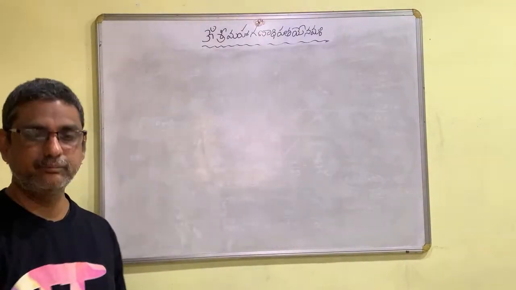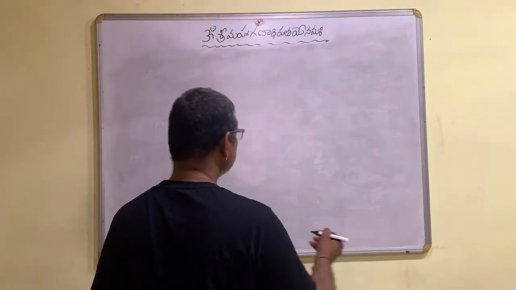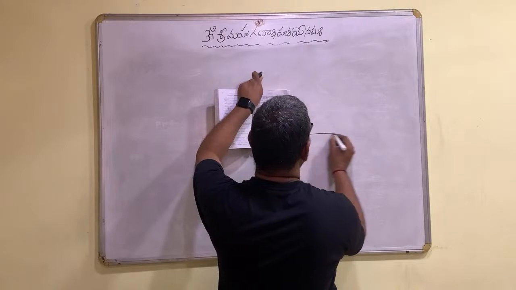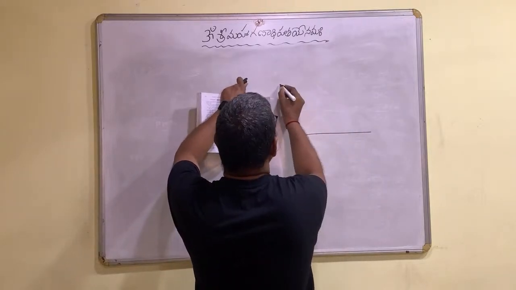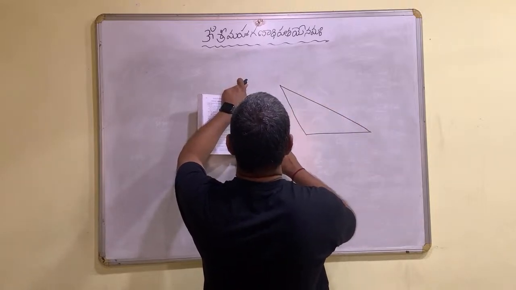Next question. There is a triangle, there is BC.